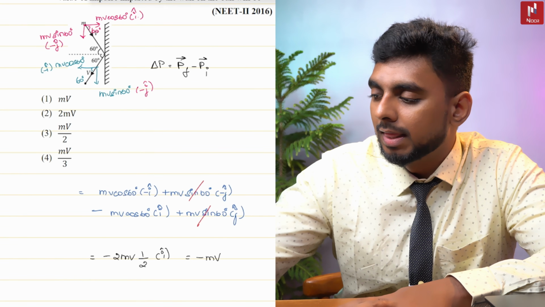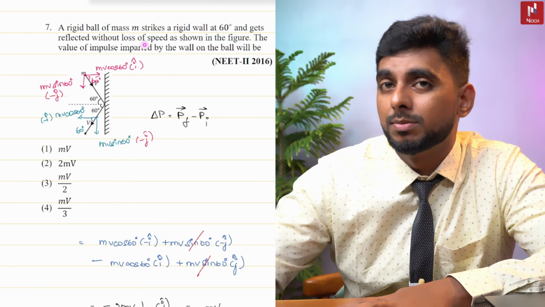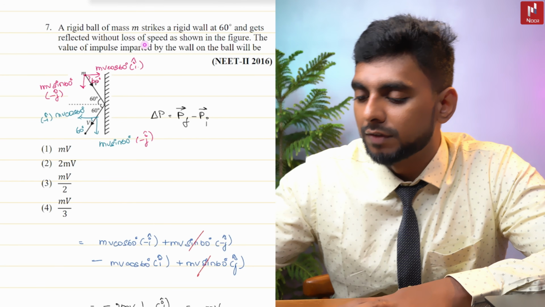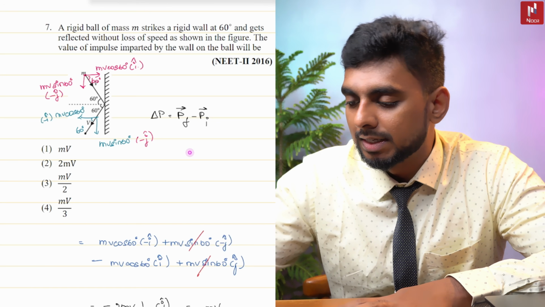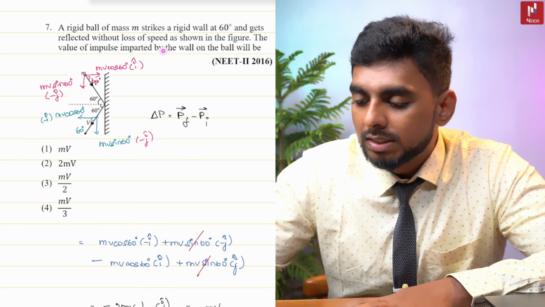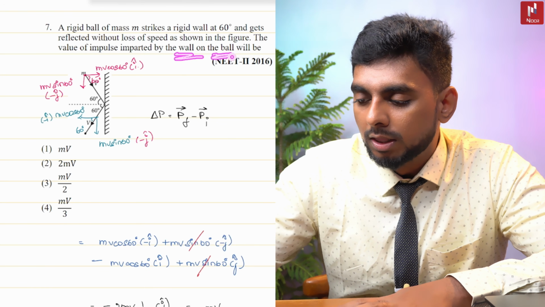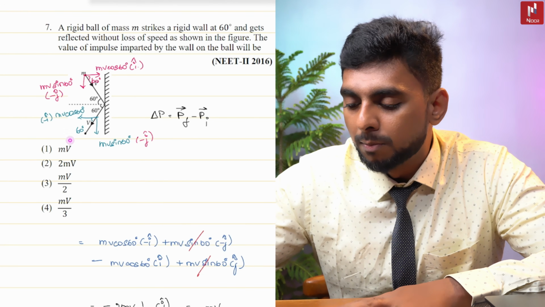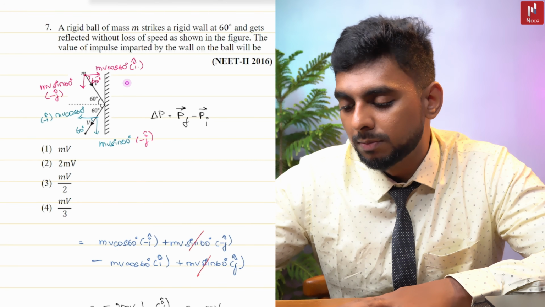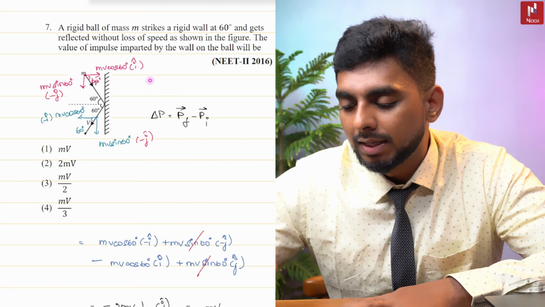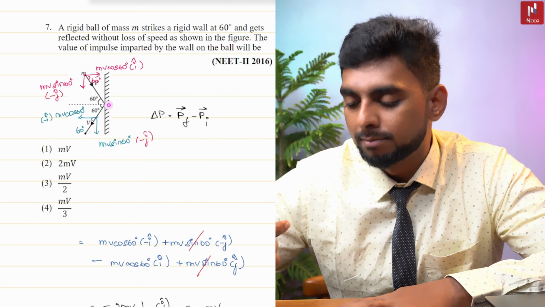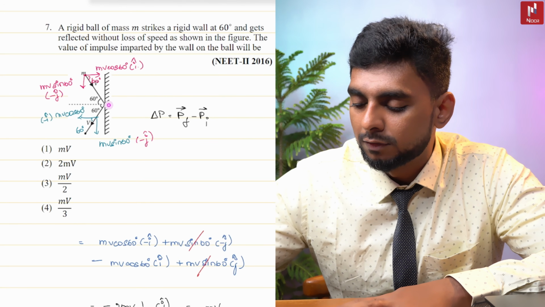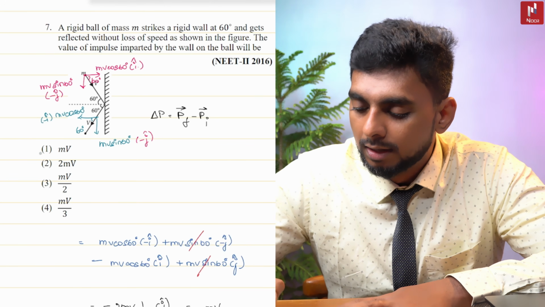Because they are asking us to find the value of impulse, which means the magnitude. I have just found the change in momentum of the ball, which should be negative of mv, but in this case I'm going to mark the answer based on the magnitude, therefore it should be option 1, right?